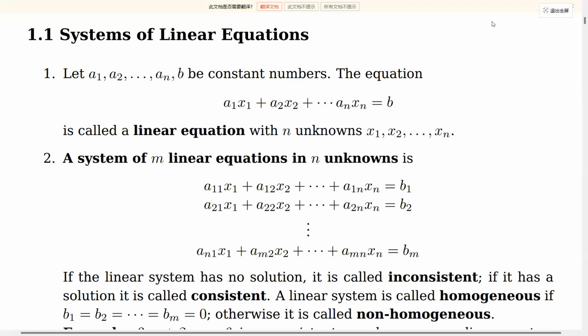especially when you have a computer, you can write code to solve it by the computer instead of doing it by hand. And that's why we need to learn linear algebra. It tells you how to use matrices to solve a system of linear equations, and there are a lot of properties of matrices that are consistent with the linear equations.